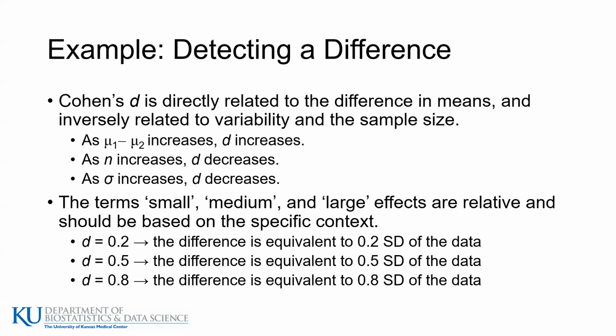But a good rule of thumb here is that 0.2 is often considered a small effect, 0.5 often a medium effect, and then 0.8 as a large effect. So d equal to 0.2 means that the difference is equivalent to a standard deviation of 0.2 of the data.